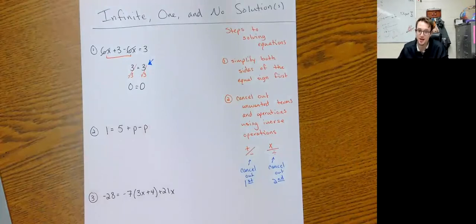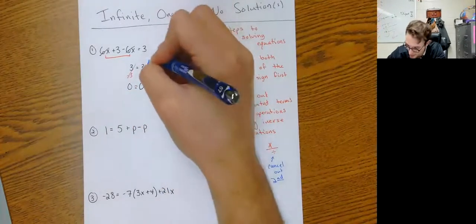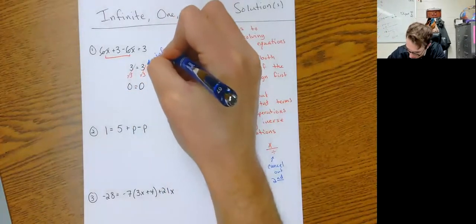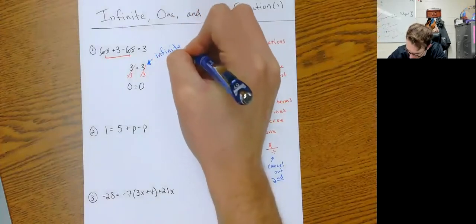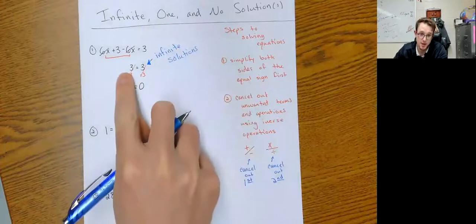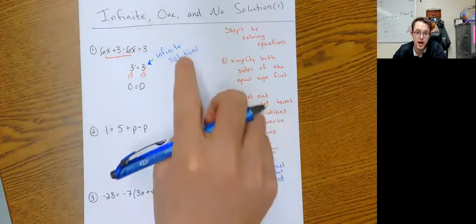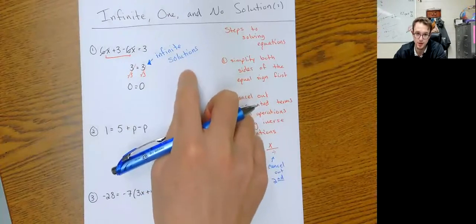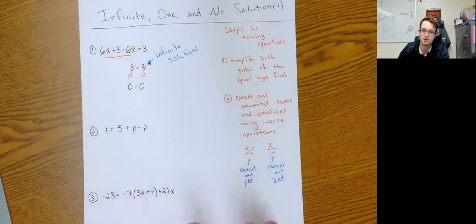So this situation is when you get infinite solutions. So when you get the same number equals the same number, that tells you that you have infinite solutions. Okay? So same number equals same number, infinite solutions.